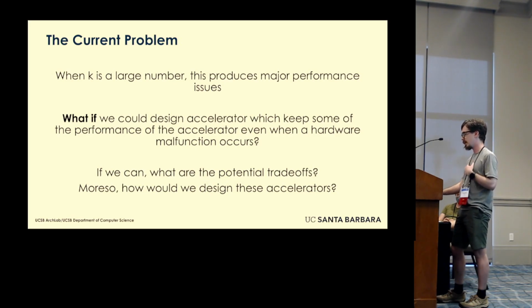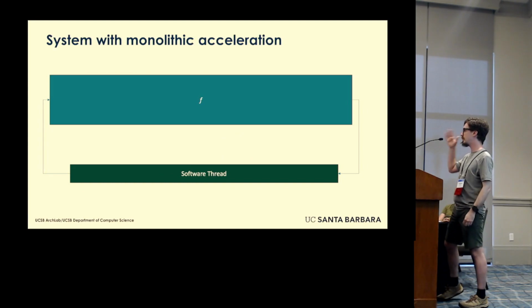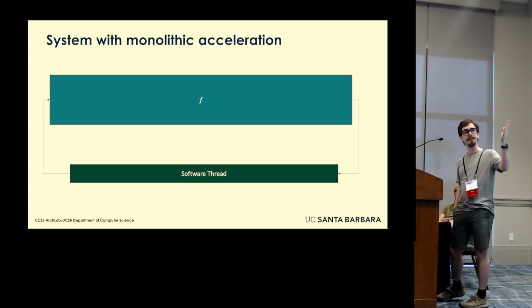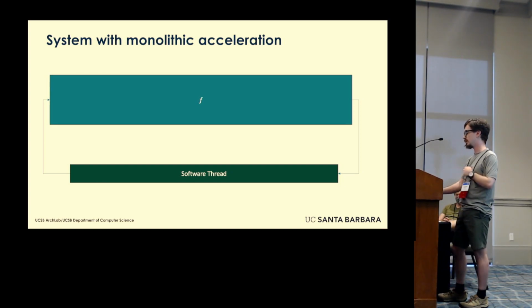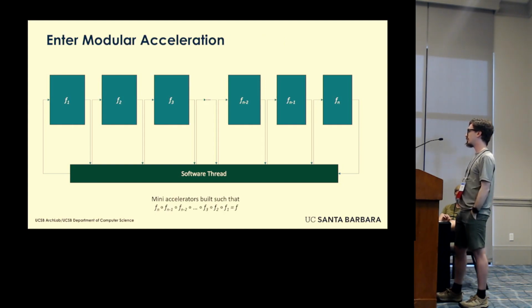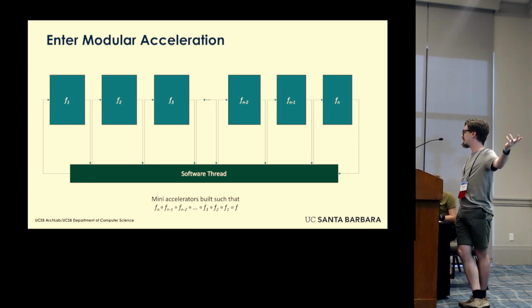And we're going to talk about this from a high level. So in the current model of the world, you have monolithic accelerator, F, you're running some software thread, you go out, you call the accelerator, does what you want, and it sends you your data back. Now, in the simplest case, if we wanted to have some form of modular acceleration, then we would go and perform a bunch of calls to a lot of smaller accelerators.